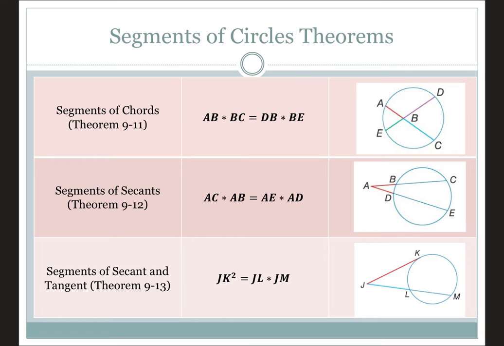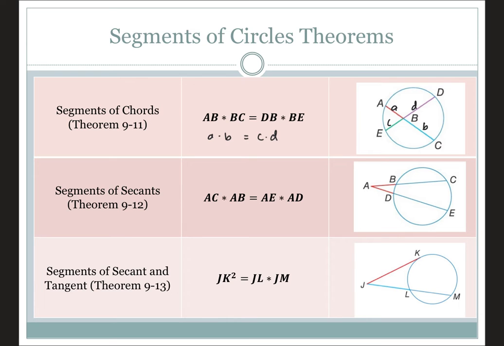So, in other words, if this is A, and this is B, and this is C, and then D, we know that A times B is equal to C times D. So you're going to multiply the pieces together and set them equal to each other.